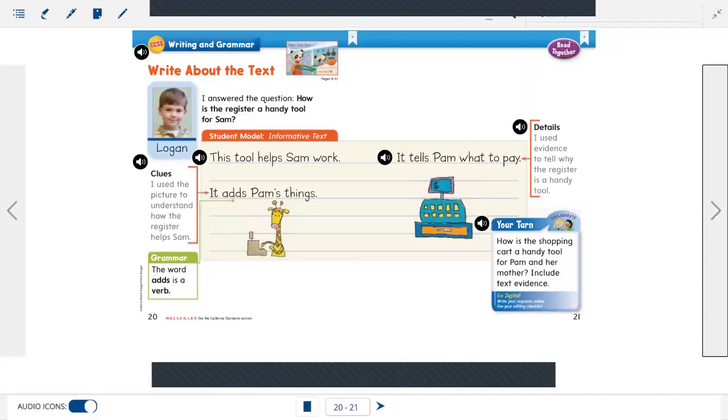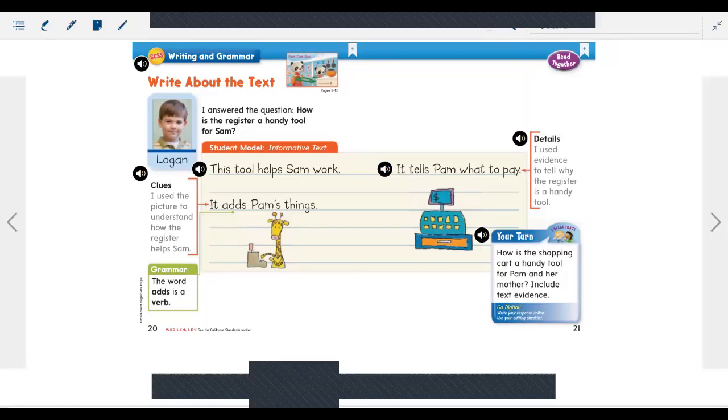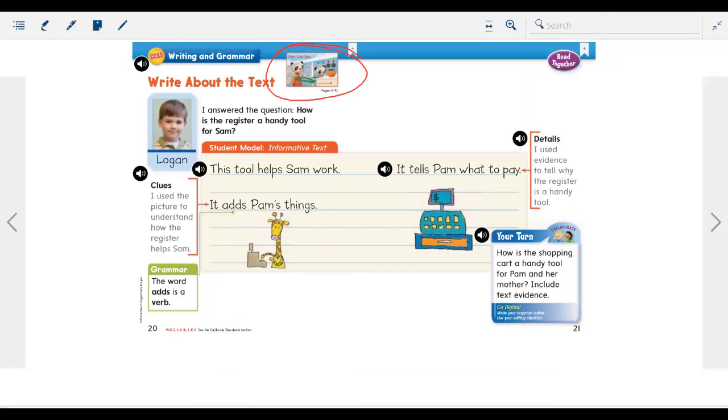Let's turn to page 20 in your reading, writing workshop. So let's read how Logan responded to a prompt. So this is talking about the story Pam can see. So it's right about the text.